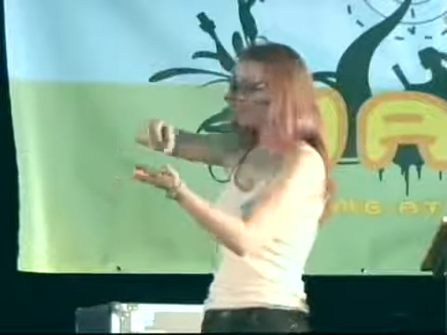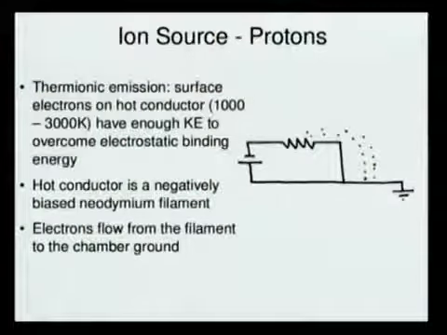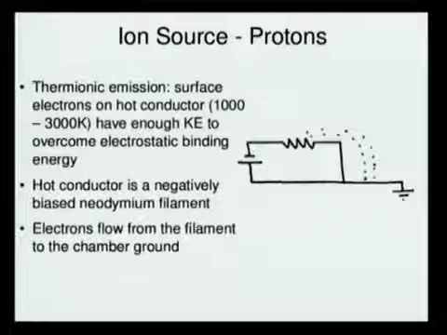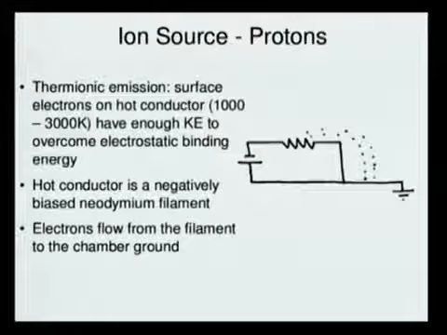These electrons overcome the electrostatic binding energy and jump up. If you have a source that is more positively biased than that conductor, the electrons are accelerated towards that positive thing, because that is what electrons do.